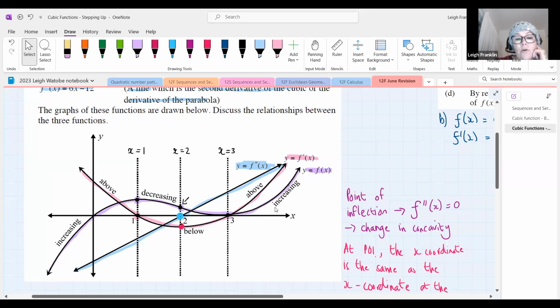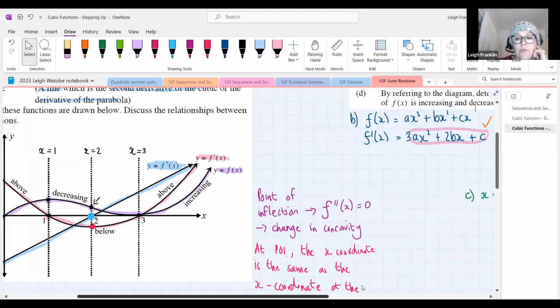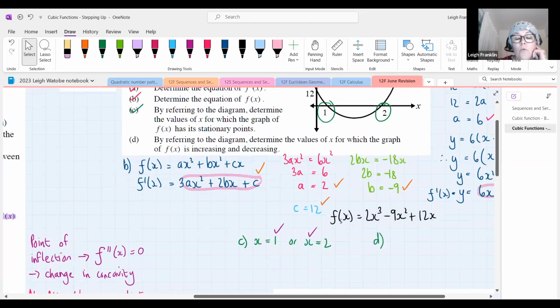When the graph is concave up, your first derivative is increasing. Your cubic function will be increasing to the turning point, decreasing between the turning points, and increasing after the last turning point. Remember, x equals 1 or x equals 2 are the turning points of your original cubic function.